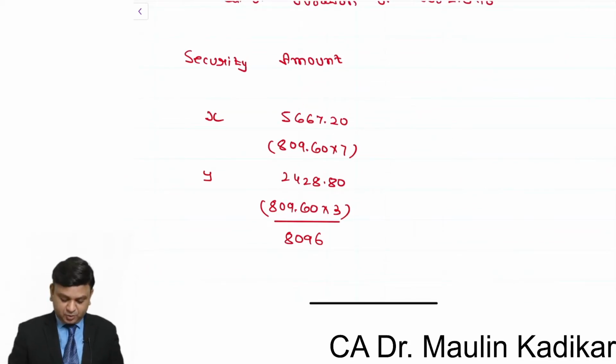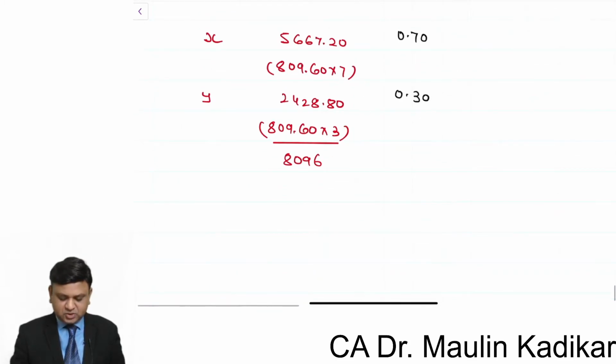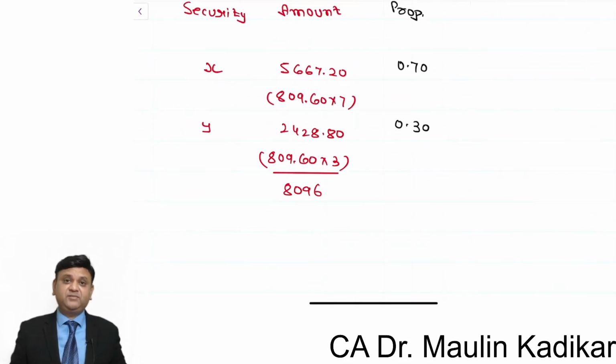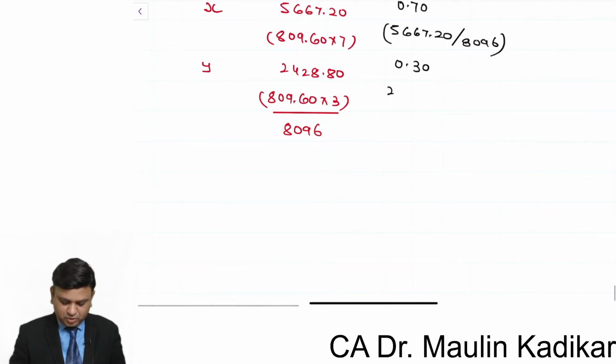Now we'll compute the proportion in which the investment is made. Coincidentally, since the price is the same, the proportion would be 70 and 30. Make sure that we compute the proportion of the amount, not in the proportion of the securities. So it is 5667.2 divided by 8096 and 2428.8 divided by 8096.